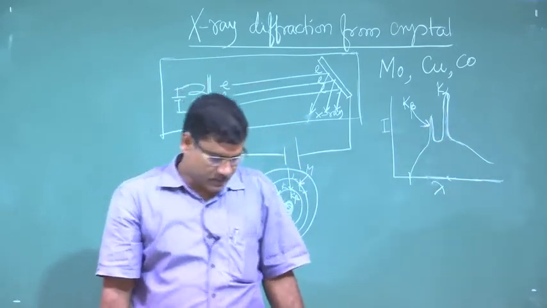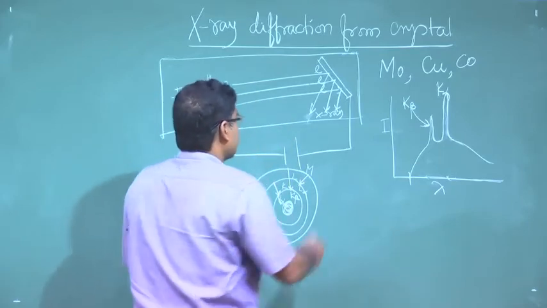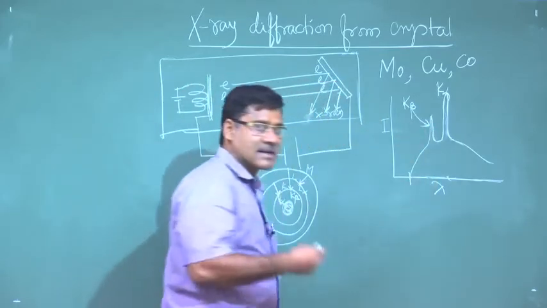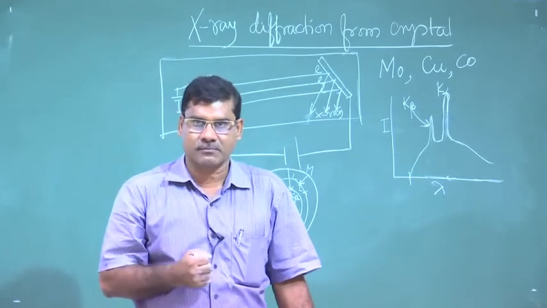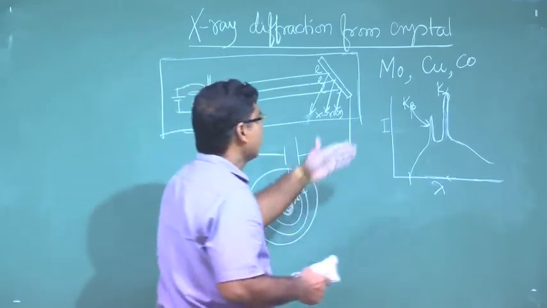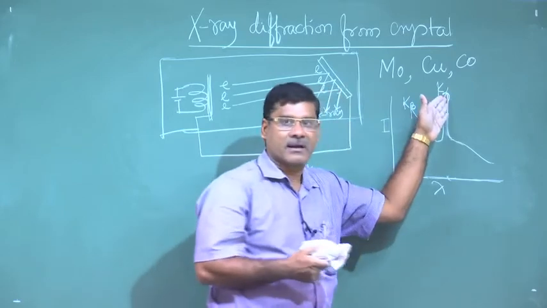So it is coming at the lower wavelength side, and K alpha is coming at the higher wavelength side. Okay. So you can see these characteristic X-rays have the highest intensity, and K alpha generally has the highest intensity.